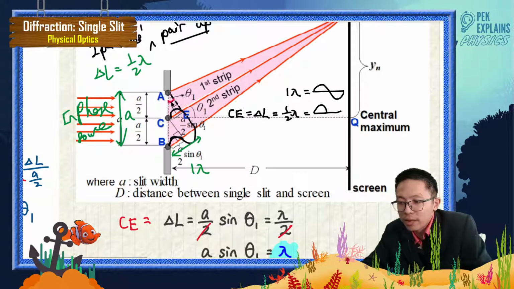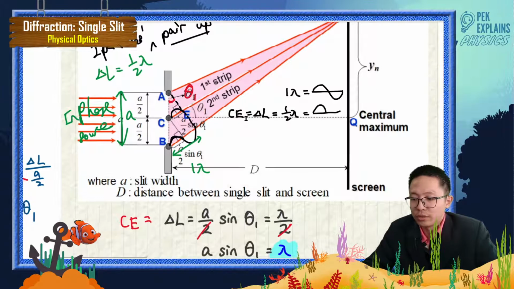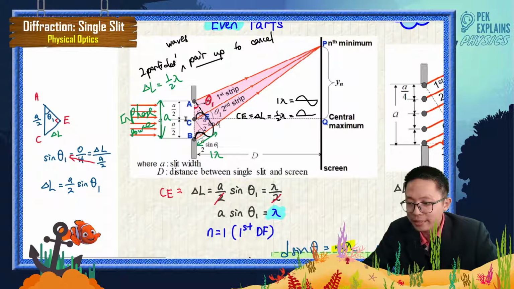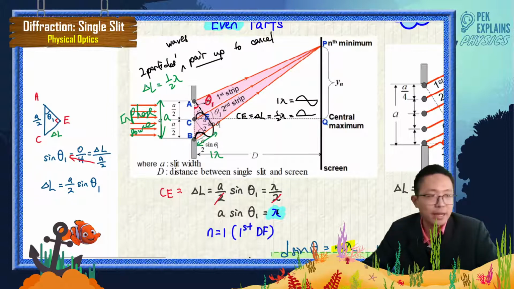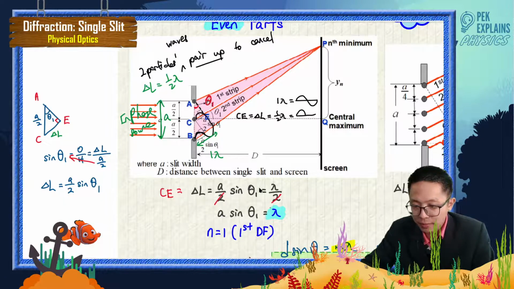This is theta 1. So that's why I can say A sine theta 1 equal to 1 lambda.